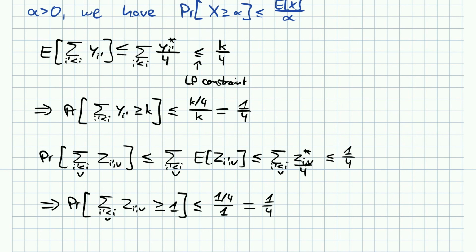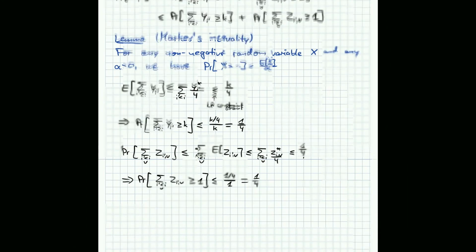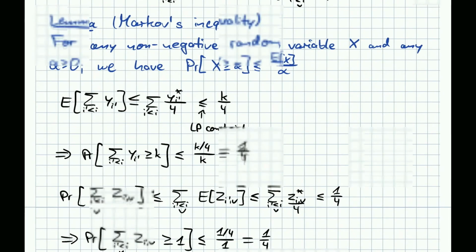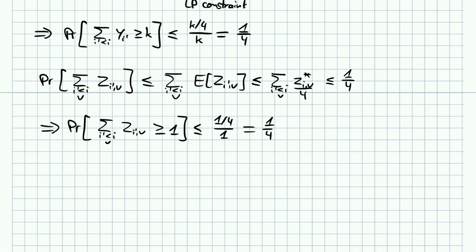And now putting these things together, we've now seen that this is at most a quarter, this is at most a quarter, so we get that the probability that F_i bar is taking place is at most a quarter plus a quarter, so a half.